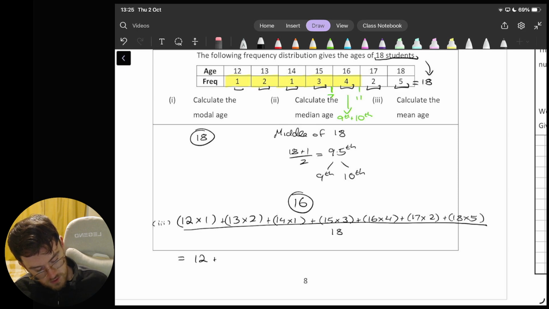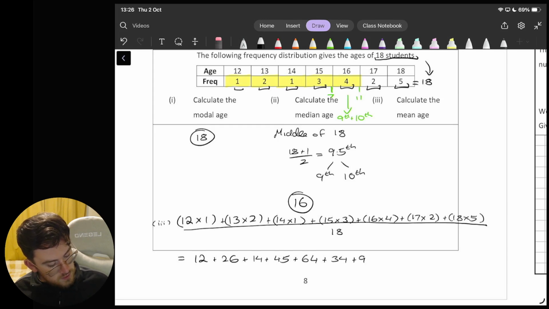So 12 plus 26 plus 14 plus 45 plus 64 plus 34 plus 90 all over 18.